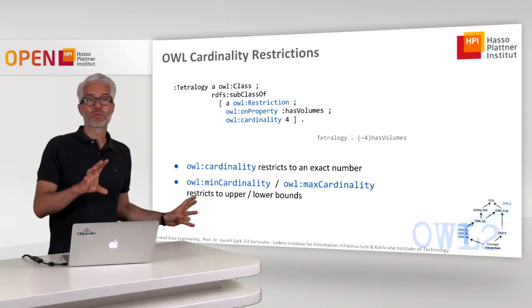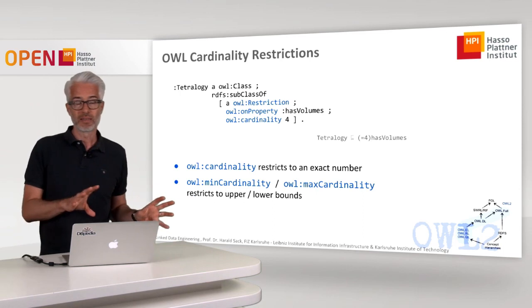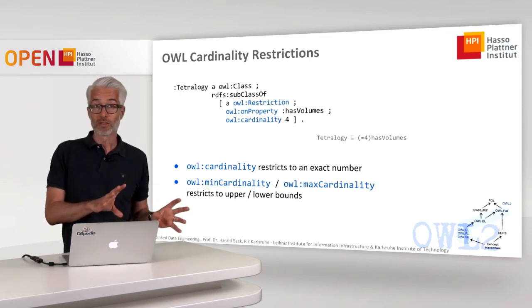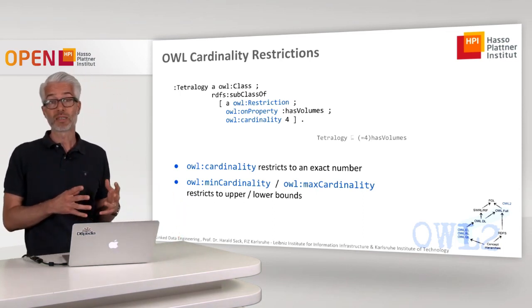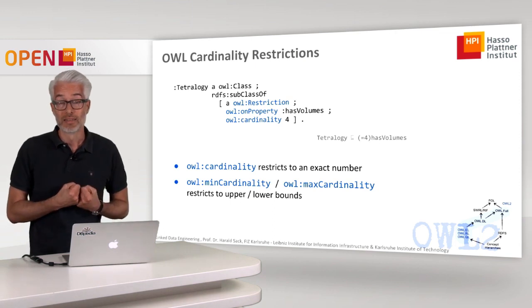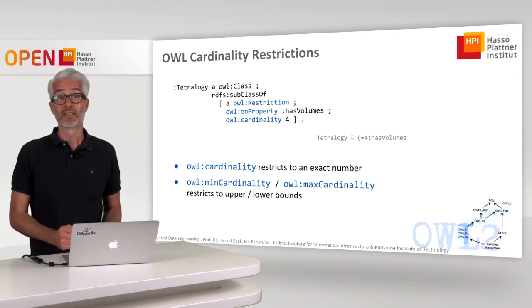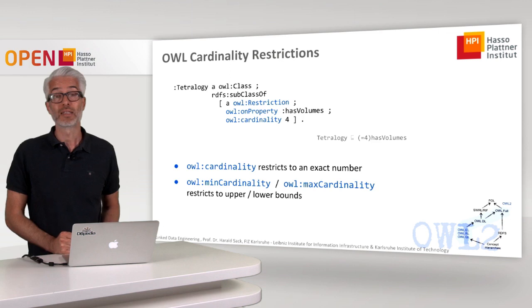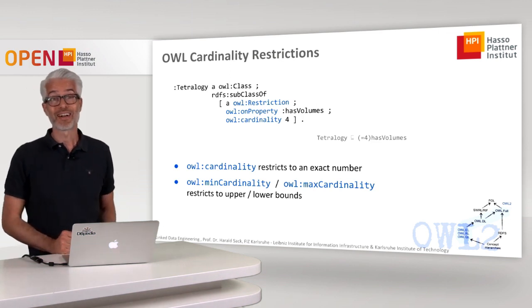So besides the restriction exactly on that property value, we also have the possibility to restrict the cardinality. How often is this property used for an individual being member in a class?